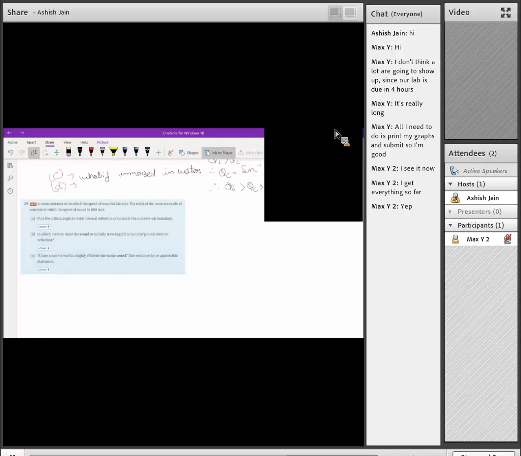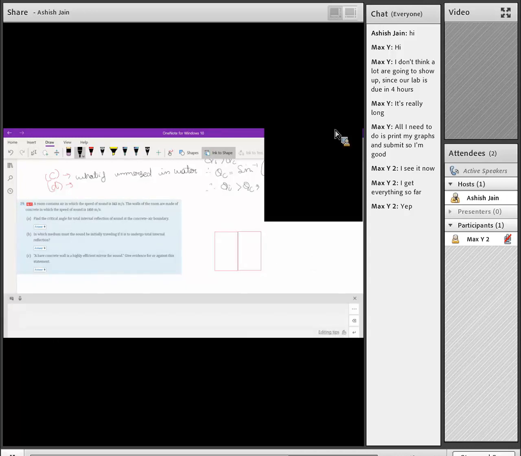So let me draw the two mediums in which, let's say, sound waves are going like that.